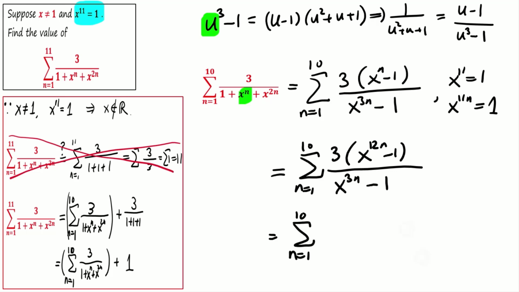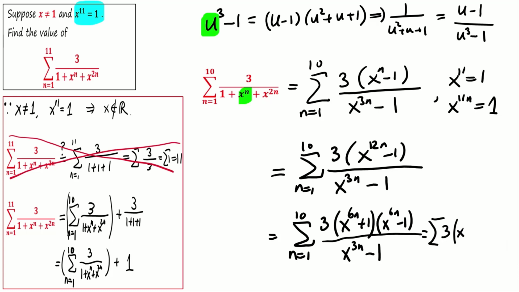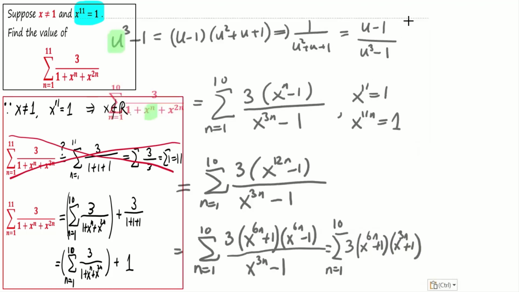x^(12n) minus 1 can be factorized as x^(6n) plus 1 times x^(6n) minus 1. Use the same formula, a squared minus b squared equals a plus b times a minus b. It can be further simplified as 3 times x^(6n) plus 1 times x^(3n) plus 1, and the x^(3n) minus 1 will be cancelled off.